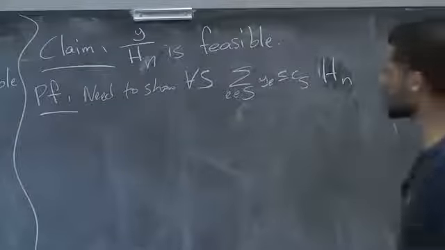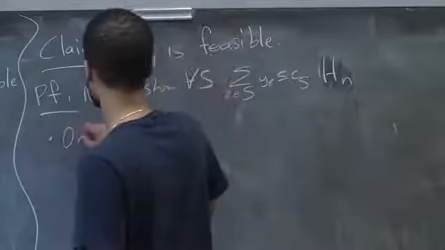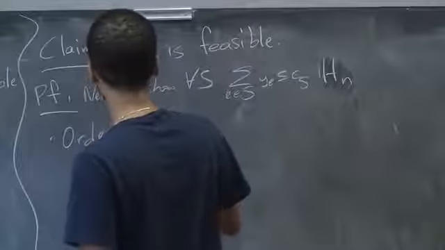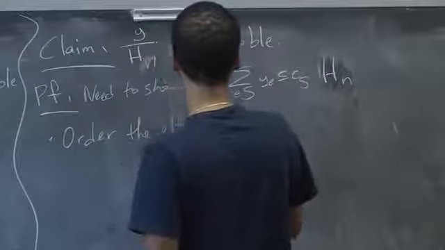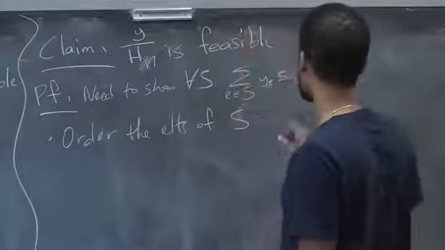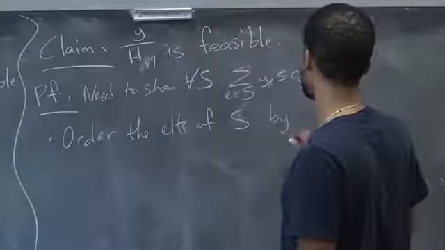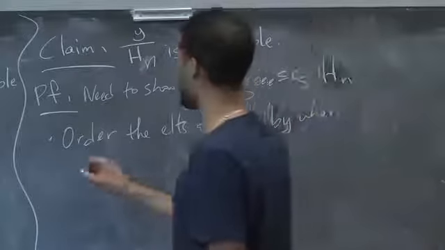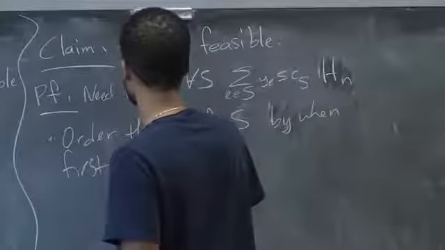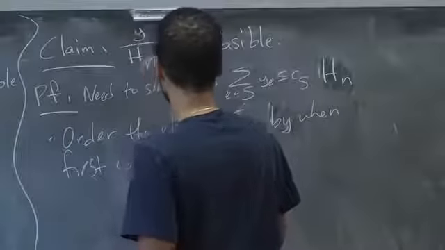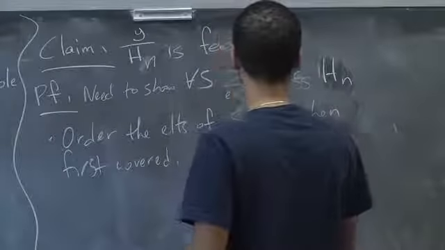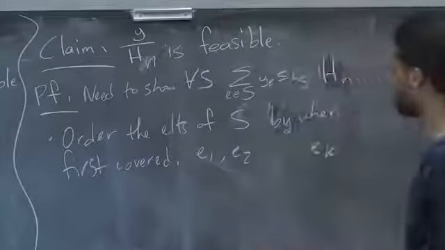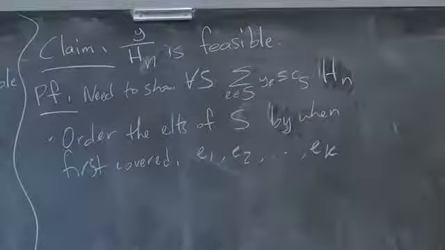Okay. So let's order the elements of S by when they're first covered. So e_1, e_2, ..., e_k. So let's say S has size k.